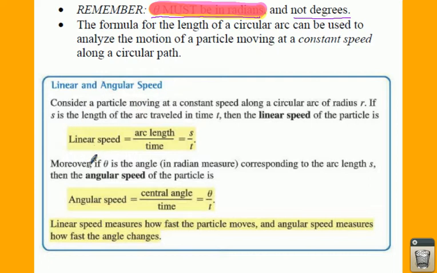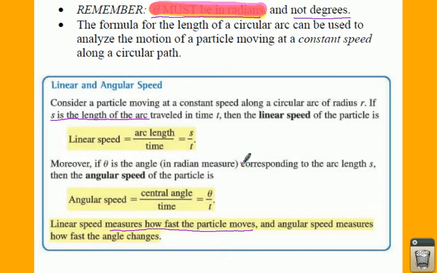So here are a couple of formulas for linear speed and angular speed, and I will give these to you for your quizzes and tests. If s is the length of the arc traveled in time t, then linear speed is s over t, your arc length divided by your time. Linear speed measures how fast a particle moves. If you think about the tip of a helicopter blade, you find how fast each blade rotates by taking the end point of that blade and its arc length over the time.